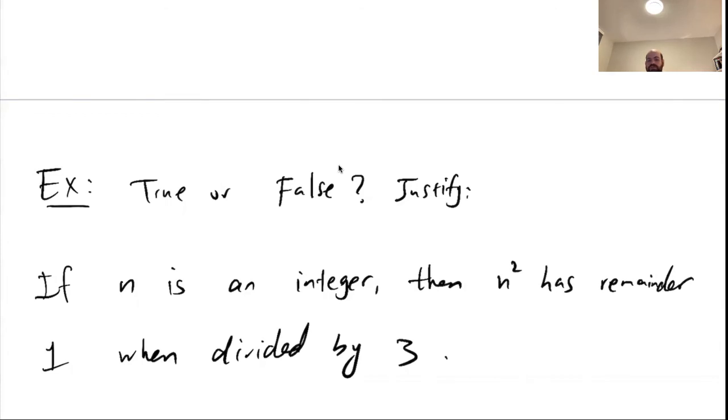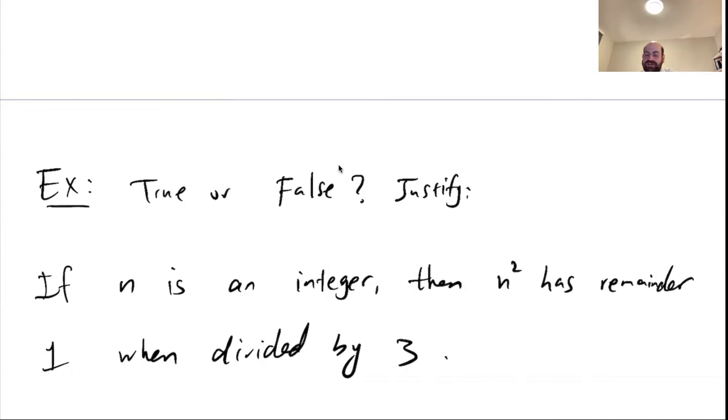Next integer, let's say 3. If n is 3, n squared will be 9. And 9 has remainder 0 when divided by 3, right? And there you are. We found our counterexample.